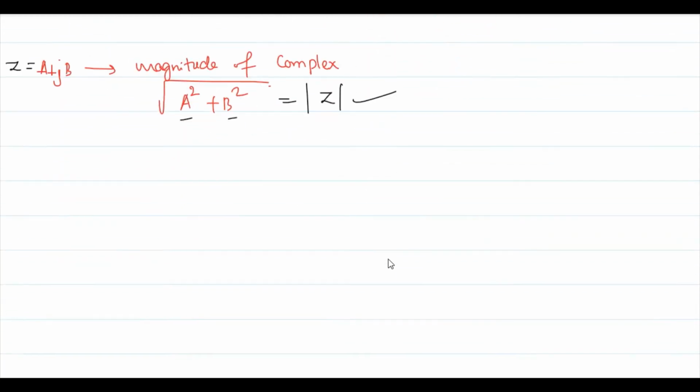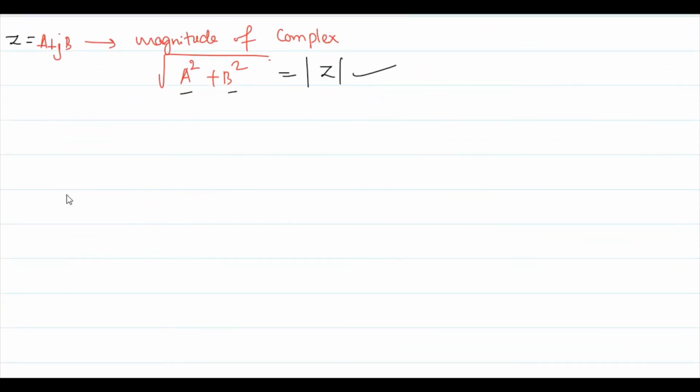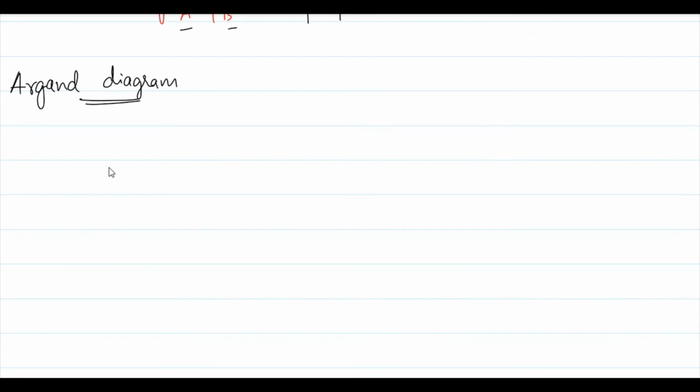And now we are going to study the Argand diagram. I will explain this Argand diagram only for the concept which we are going to use in further electrical AC circuits. Here, all real numbers can be represented as points on a line.